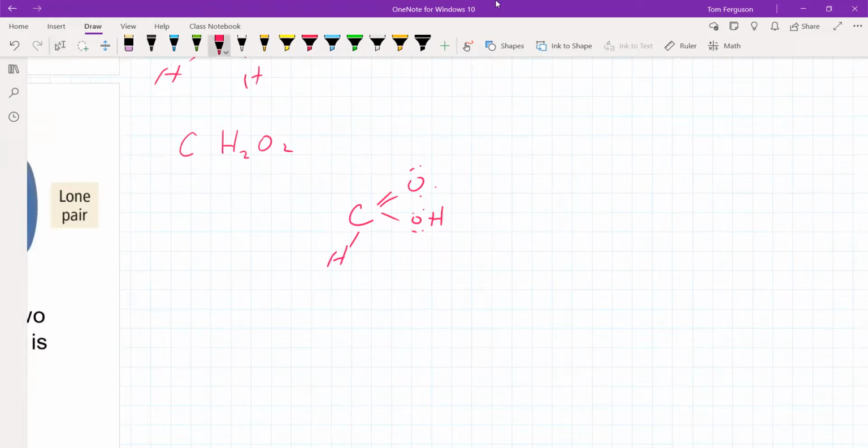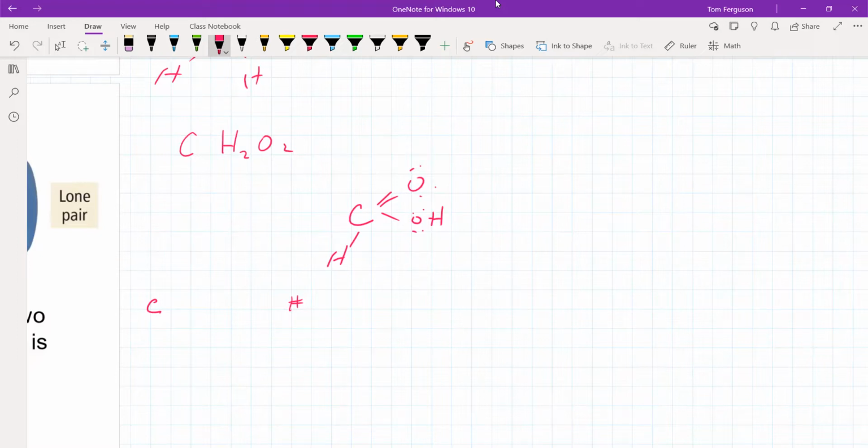So let's do carbon first. How many electron groups are around carbon? And remember, cover up the atoms. They have no play here.